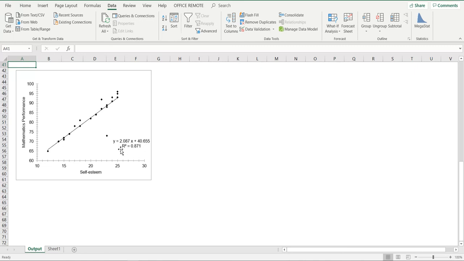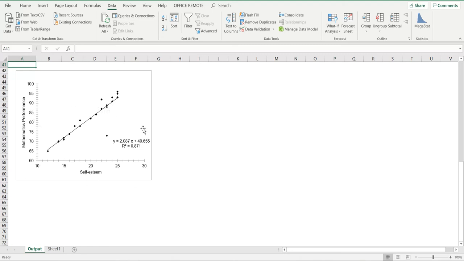So the model is y equals 2.087x plus 40.655. That means this line will describe the relationship between the self-esteem and the mathematics performance.